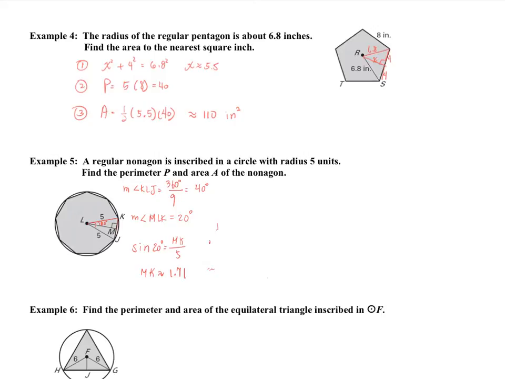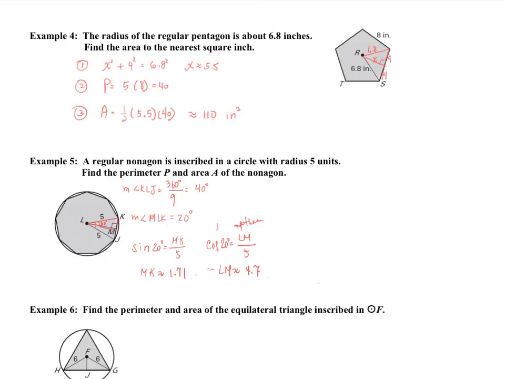And then I'm going to use cosine 20 degrees, which is adjacent over hypotenuse. So LM will give me the length of the apothem. So LM over 5. So cosine 20 degrees times 5 will give you about 4.7.